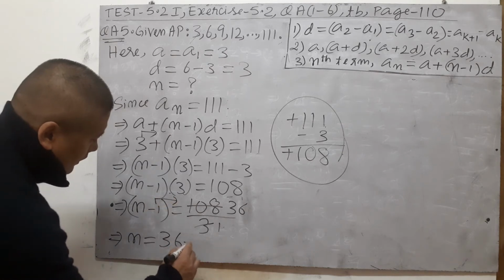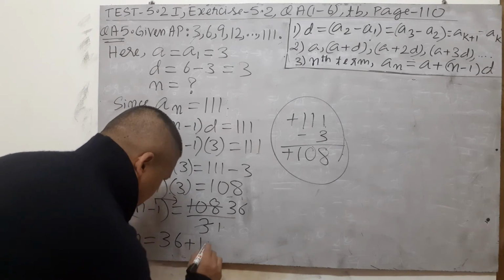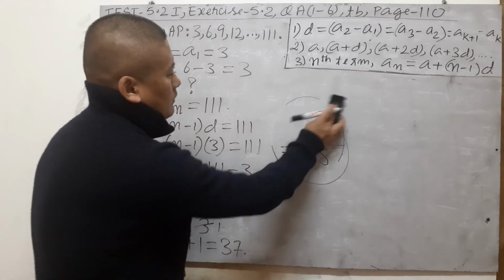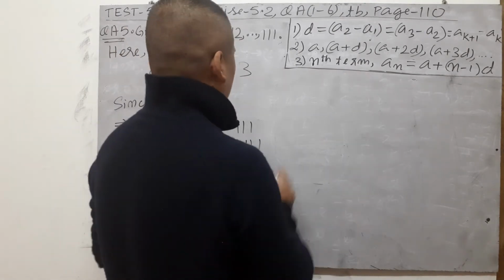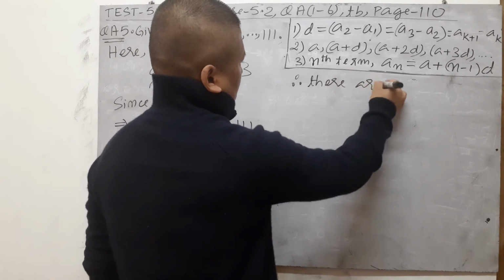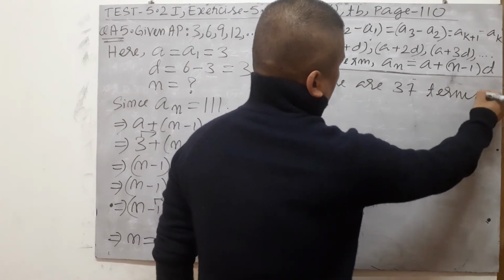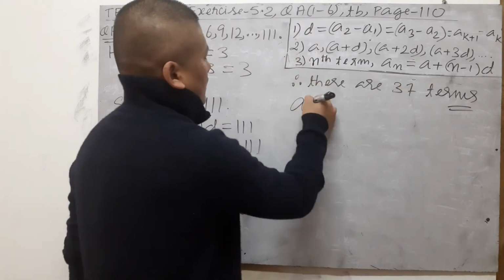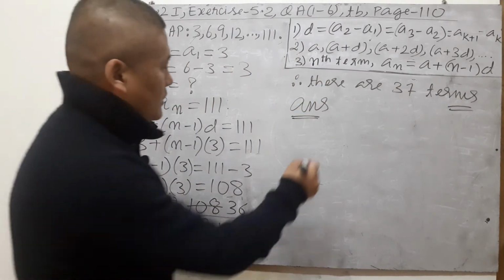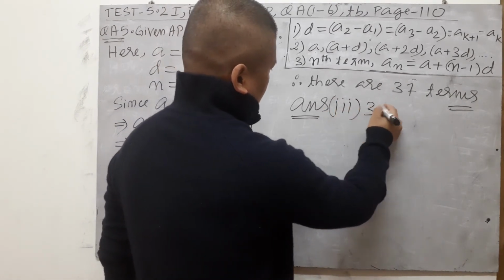Minus 1, shift it to the right side, then it will become plus 1. So n value is 37. So therefore there are 37 terms. So that's our answer. And the answer choice that matches this one is number 3, 37.